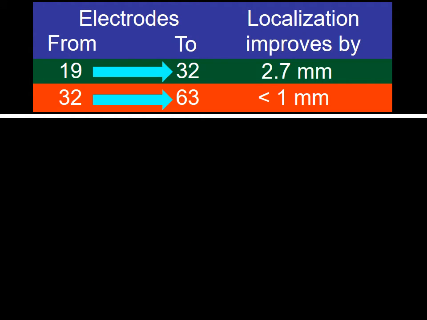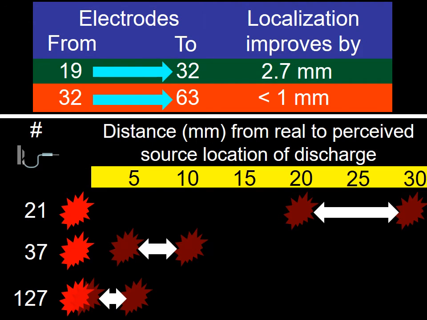But despite the conflicting information, that reveals that on one hand, increasing the number of electrodes improves localization by a matter of a few millimeters, but on the other hand, that the more electrodes, the smaller the difference between the real and the perceived source.